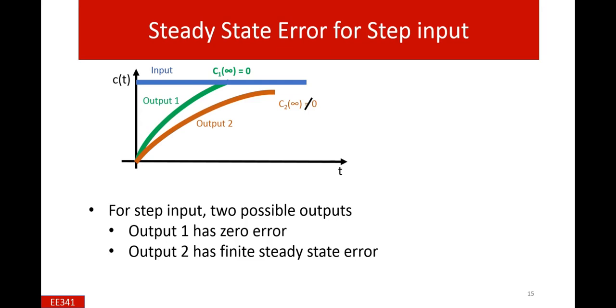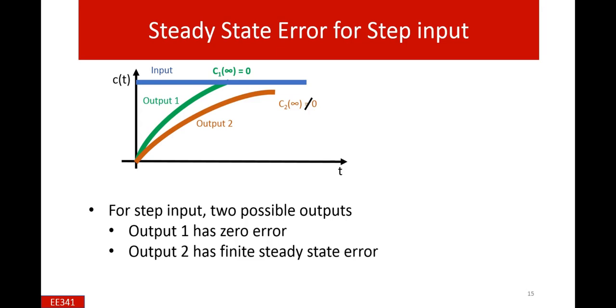So to understand the steady state error, let's visualize the concepts. First of all, for the step input, the black horizontal line represents the time axis, and the vertical axis represents the magnitude. The blue line represents the input. For example, if it is a step input, then by definition of the step input, at time equal to 0 and greater than 0, the value is higher than 0.